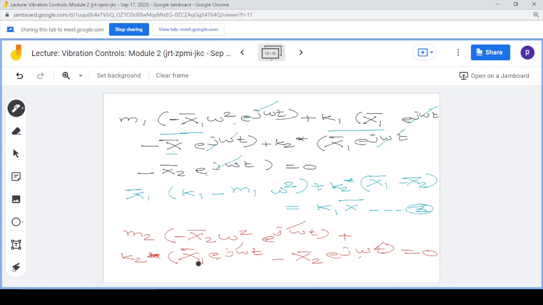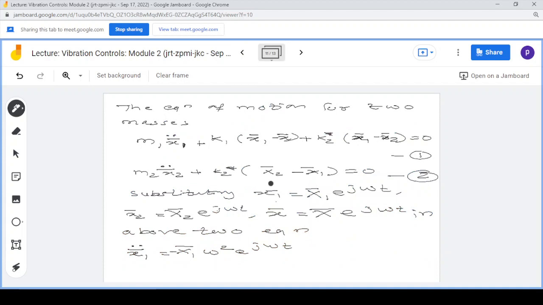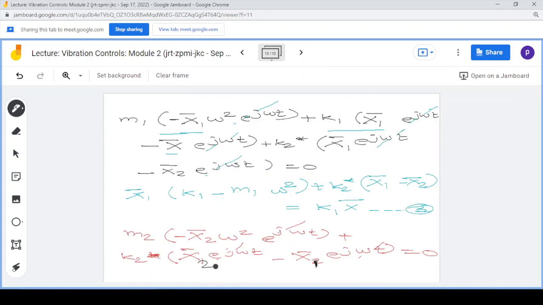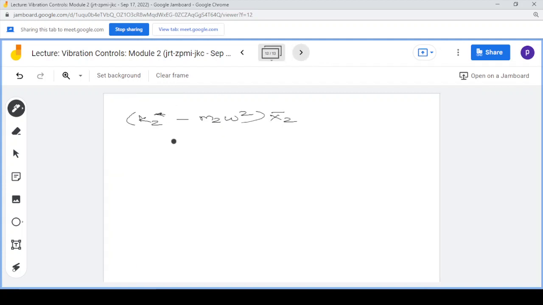I think I have written it reversed. This should have the negative sign on x2 and this should be x1, because what is the original equation? It is x2 minus x1, so x2 comes first and then x1. So we get k2 star minus m2 omega square into x2 bar equals k2 star into x1 bar. Let us call this expression 4.